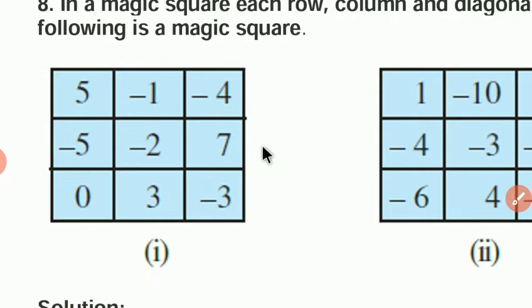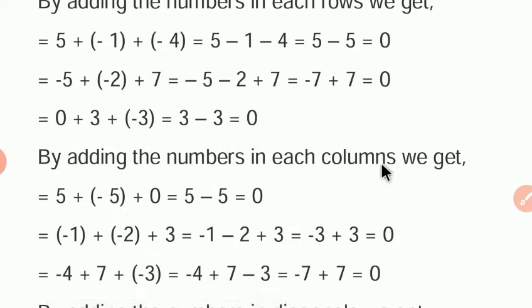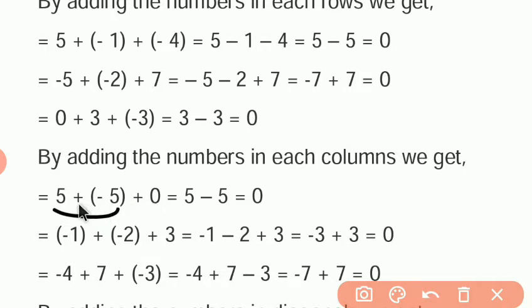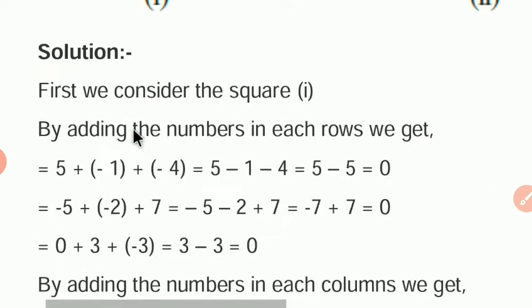Column is this, vertically. First column numbers are 5, minus 5 and 0. So by adding the numbers in each column, we get 5 plus minus 5 plus 0. So 5 plus into minus, minus 5 plus 0. So 5 minus 5 is 0. Second column is minus 1, minus 2, plus 3.